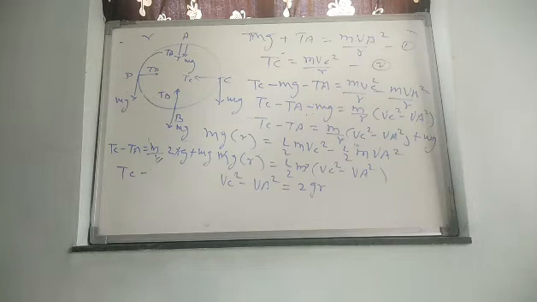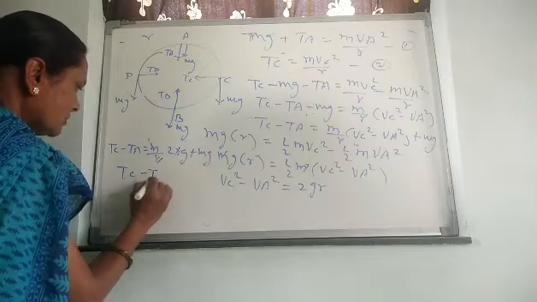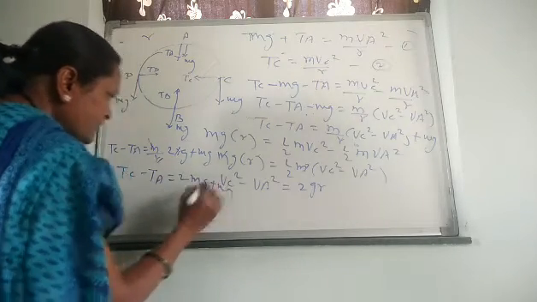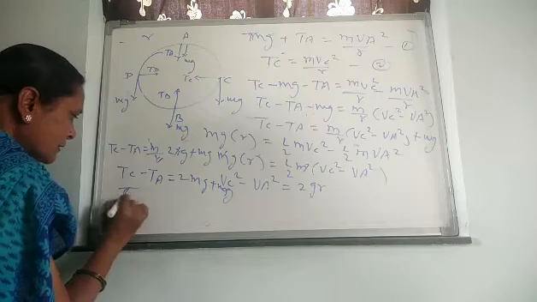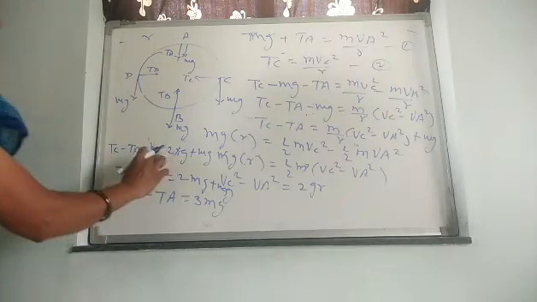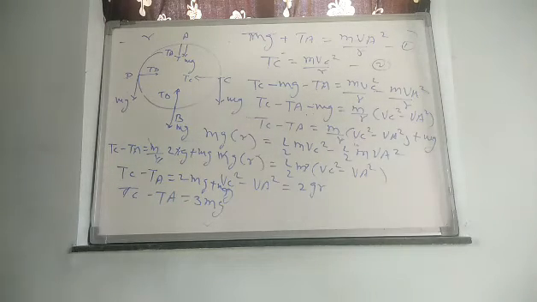Then we find Tc minus Ta is equal to 2mg plus mg. That means Tc minus Ta is equal to 3mg.